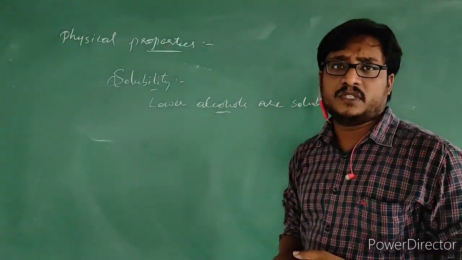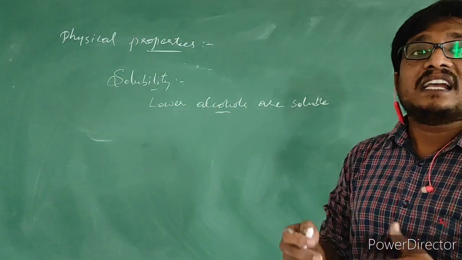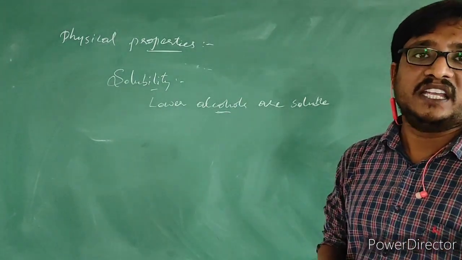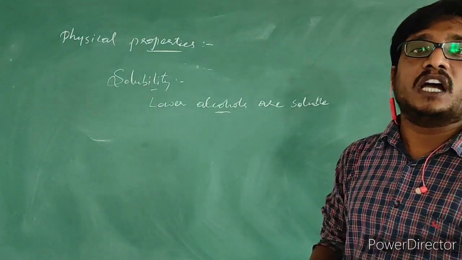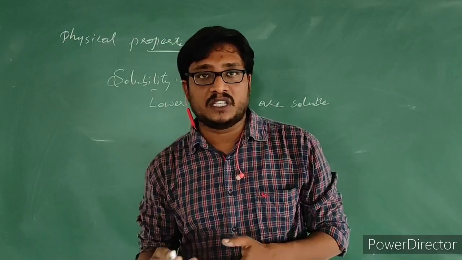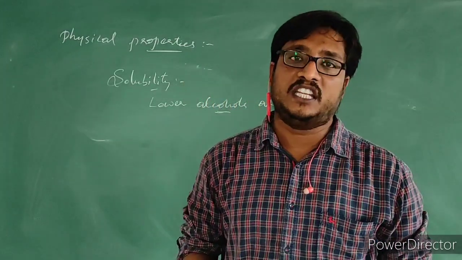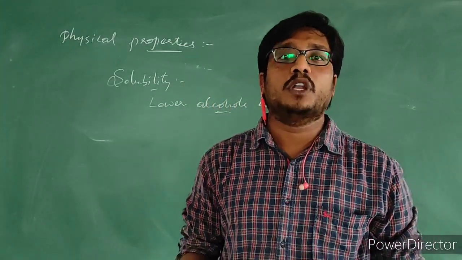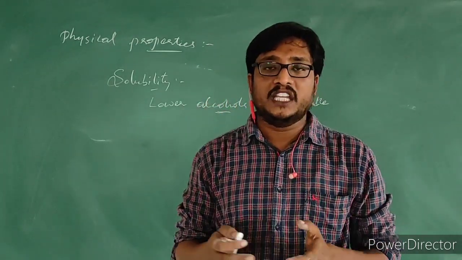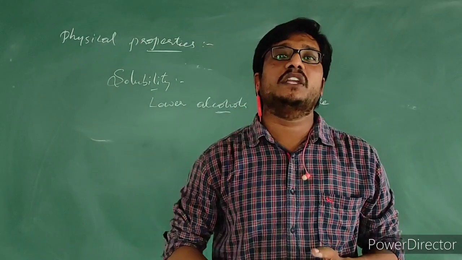As the alkyl or aryl chain length increases, the solubility of the alcohol decreases. The alkyl or aryl chain is generally non-polar in nature. As the chain length of the alkyl group increases, solubility will decrease.